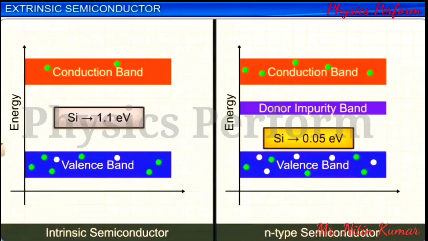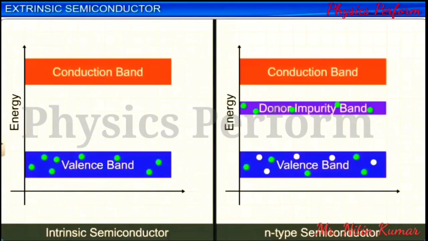Similarly, if the semiconductor crystal is made of germanium, the energy required for an electron to jump from valence band to conduction band is about 0.72 electron volt.